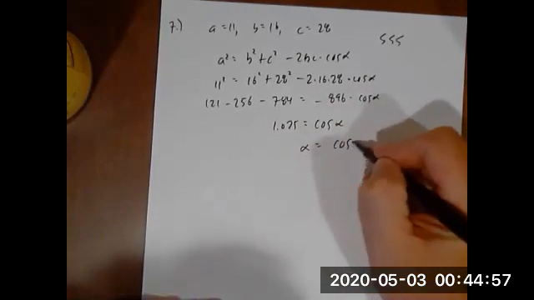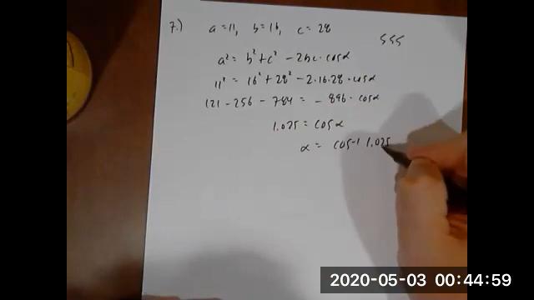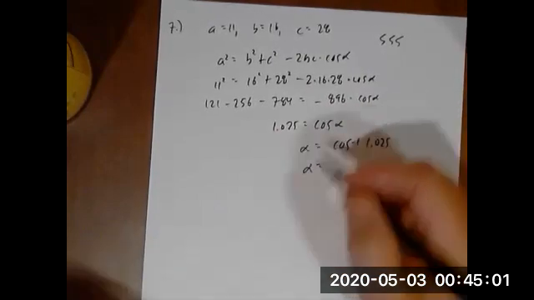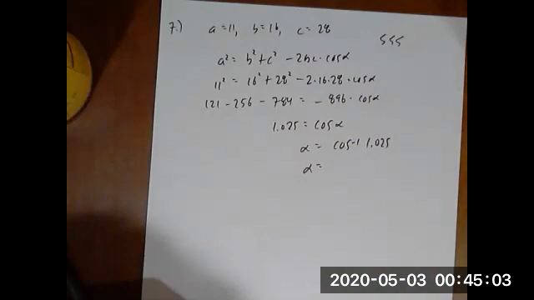Alpha is the inverse cosine of 1.025. Take the inverse cosine of that.